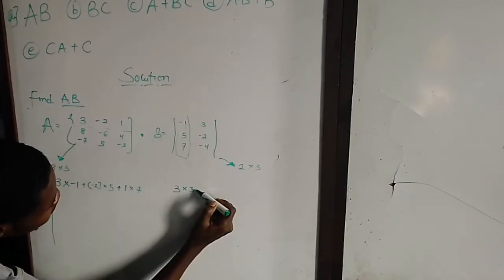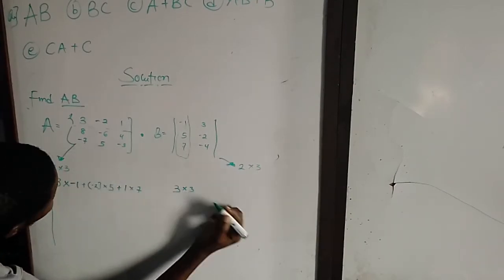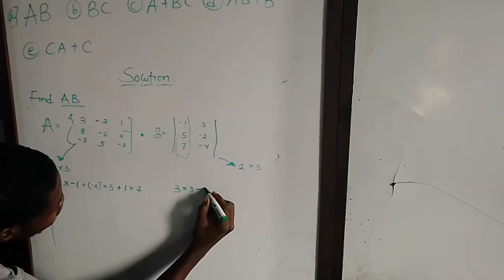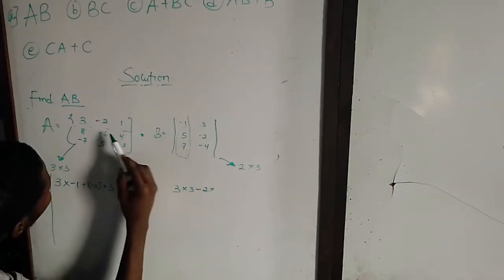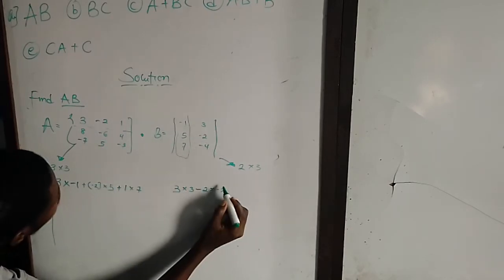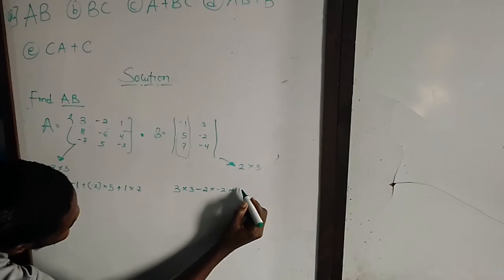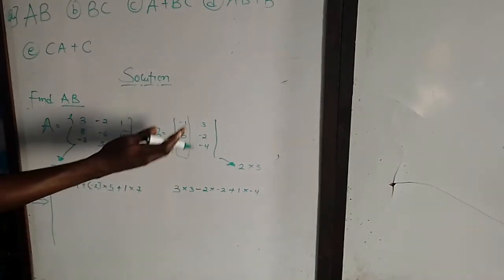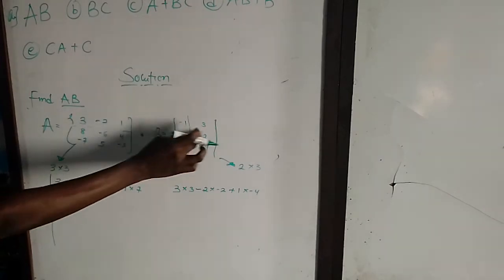So instead of writing plus, we are going to write minus times plus is minus. Then we are going to have minus 2 times minus 2 again. So plus 1 times minus 4.